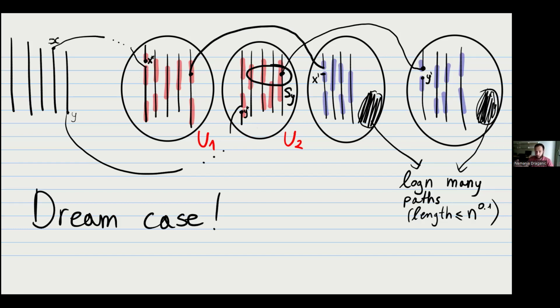And then when I try to rotate inside of them, maybe I close a cycle, for example. So here, the most important thing is these things are completely fresh. Nothing touched them before. And as soon as I enter them, I get two disjoint sets of paths, and then I can finish in the dream case.